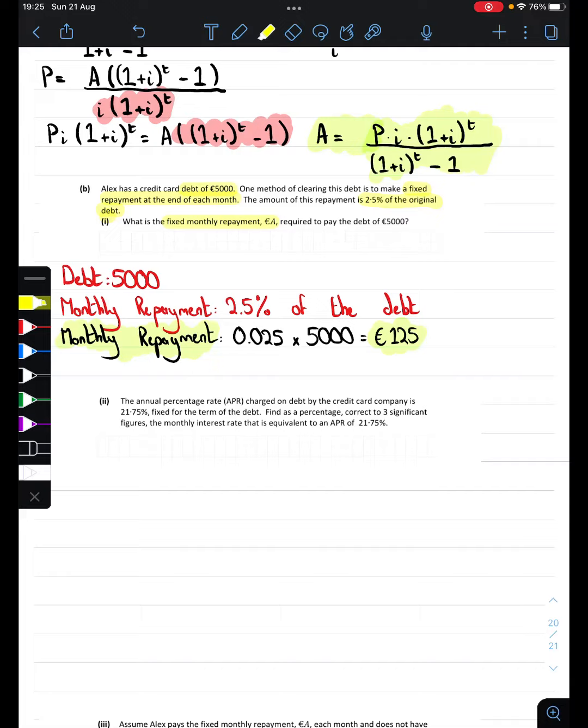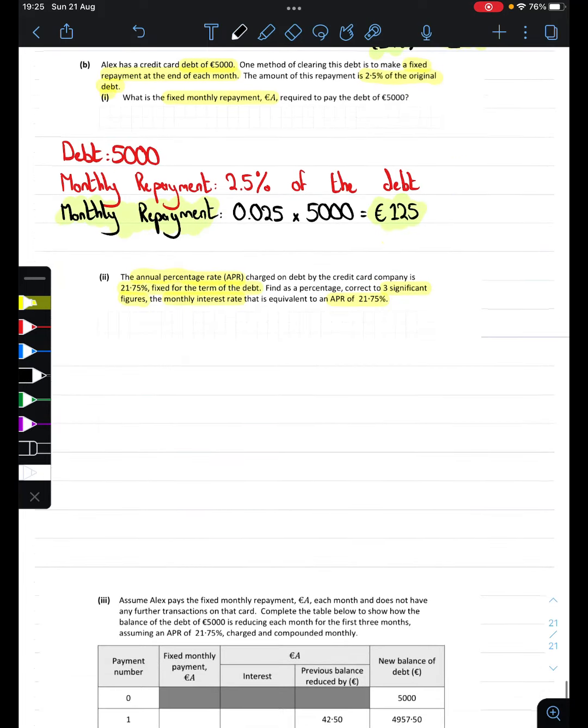The annual percentage rate, the APR, charged on a debt by the credit card company is 21.75%, fixed for the term of the debt. Find as a percentage, correct to 3 significant figures, the monthly interest rate that is equivalent to an APR of 21.75%.